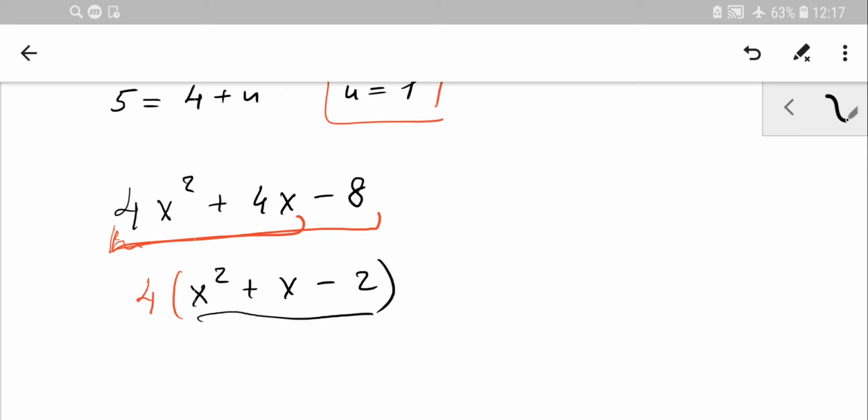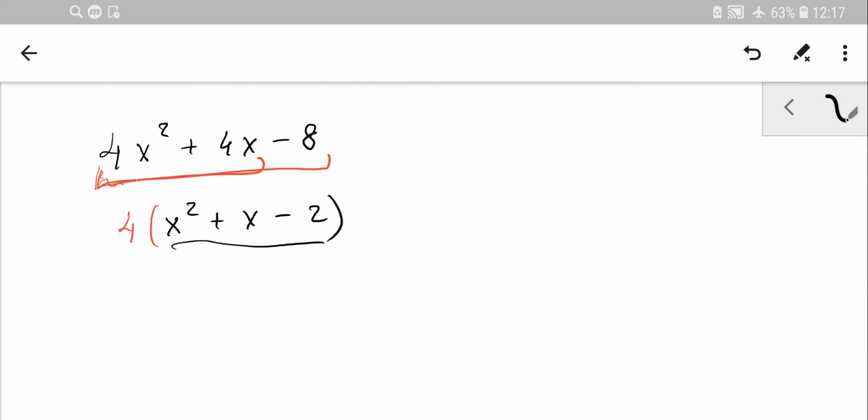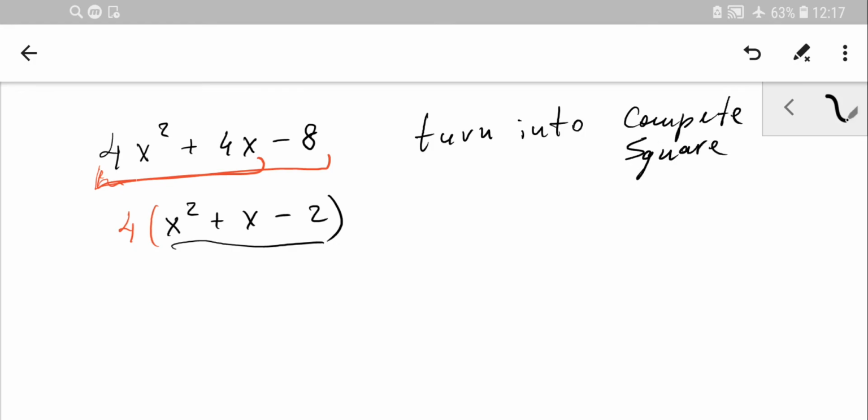The rest you need to convert into a complete square. So we're just working with this part: x squared plus x minus 2 should be, according to the pattern, (x plus m) squared plus n.